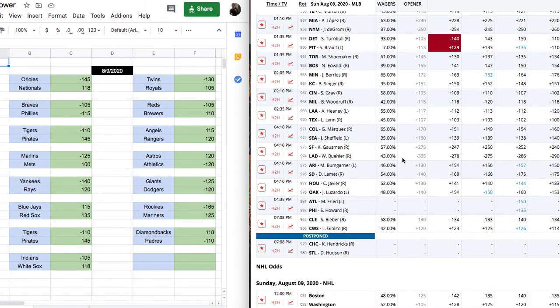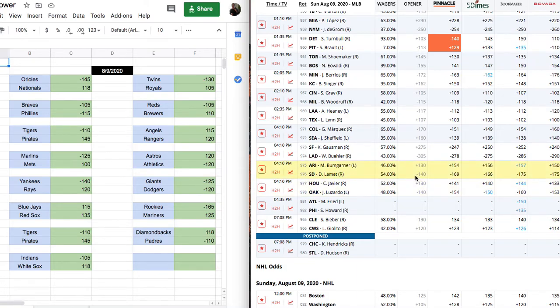All right, let's scroll down to San Francisco and LA. San Francisco with the upset last night. They were huge dogs. Huge dogs again today. Here we go. Giants 125, Dodgers -120. So these teams are fairly even per our power rankings.